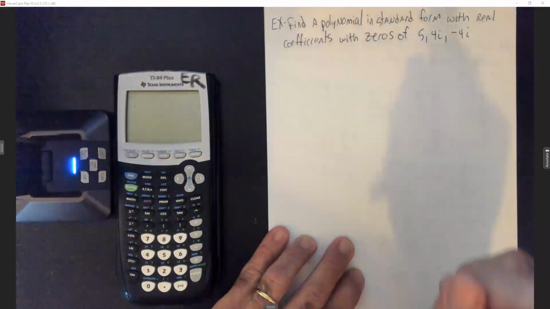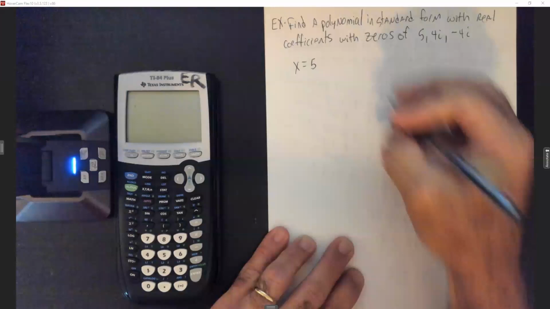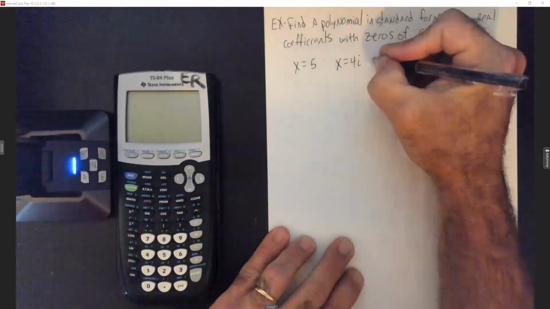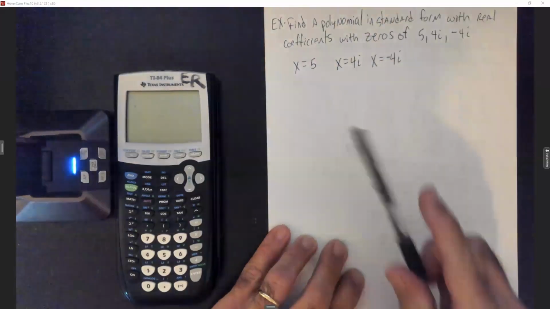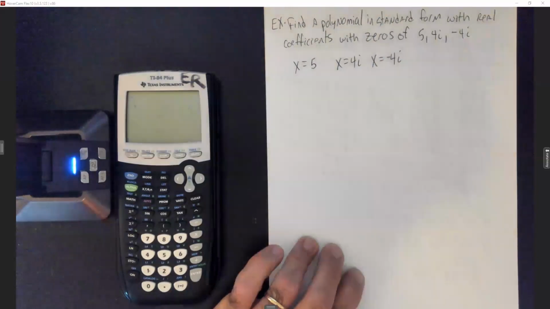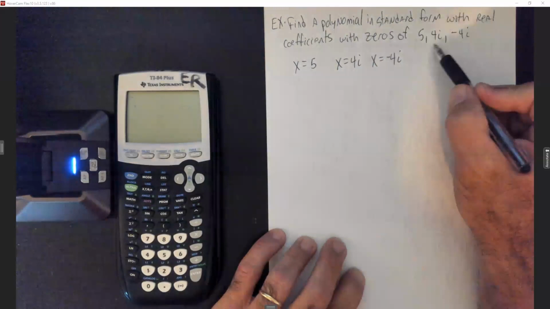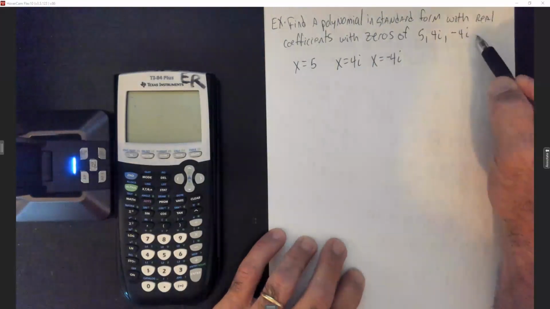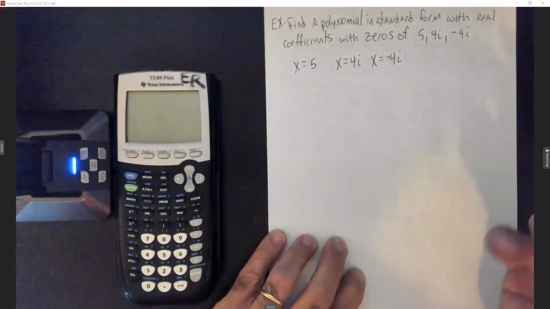I got x equals 5, x will equal 4i, and x will equal a negative 4i. So 2 of these are imaginary zeros. Now, let me tell you this. When you got 3 zeros, you're going to have the highest degree be a 3, because remember the other day, we were saying that the degree did equal the maximum number of zeros, okay?